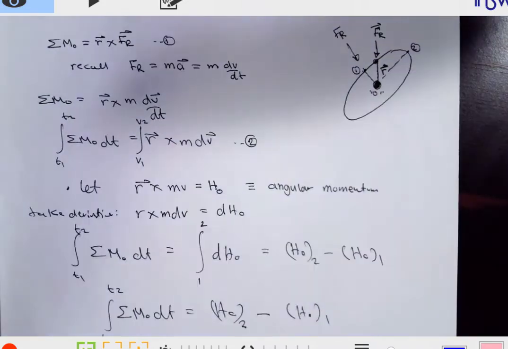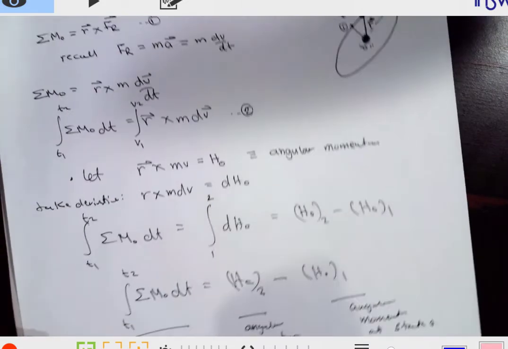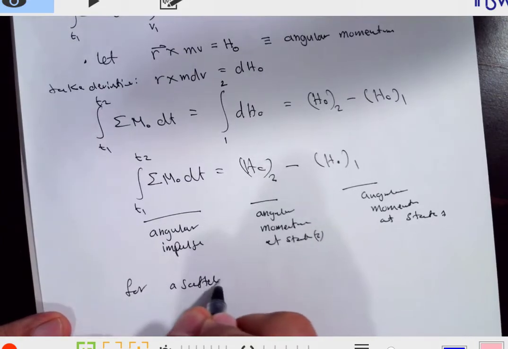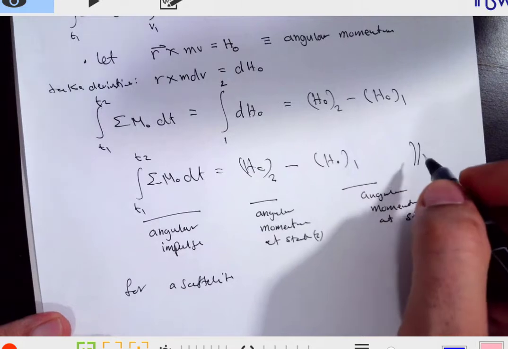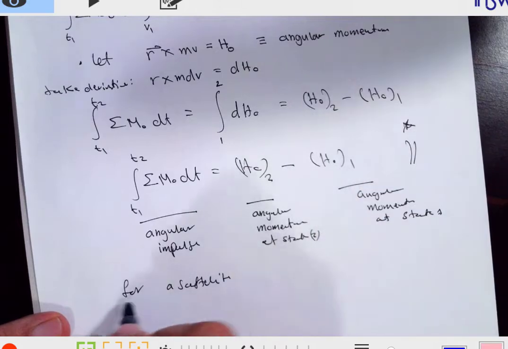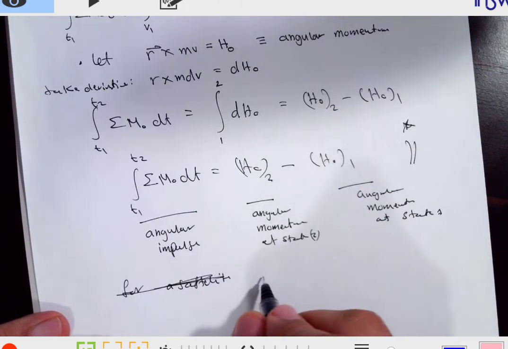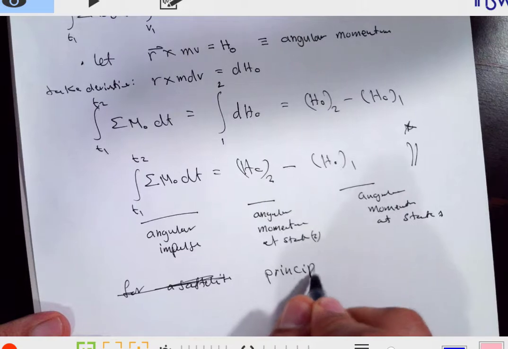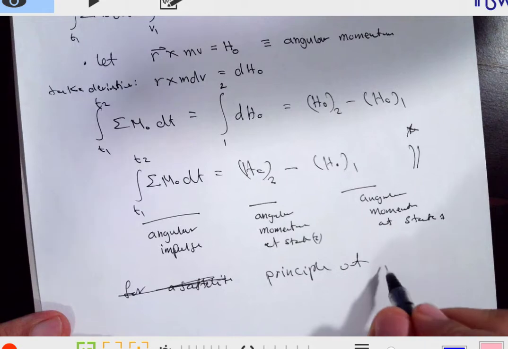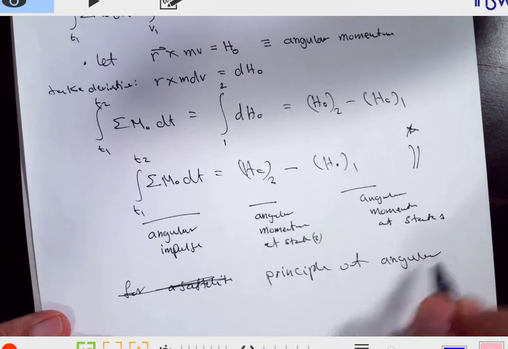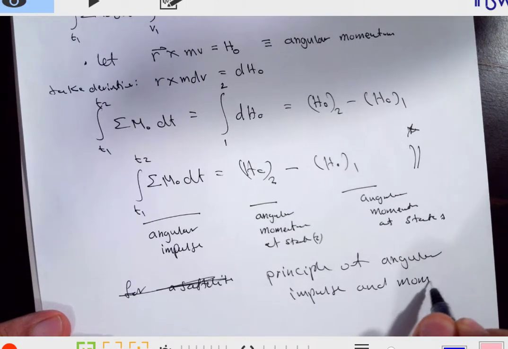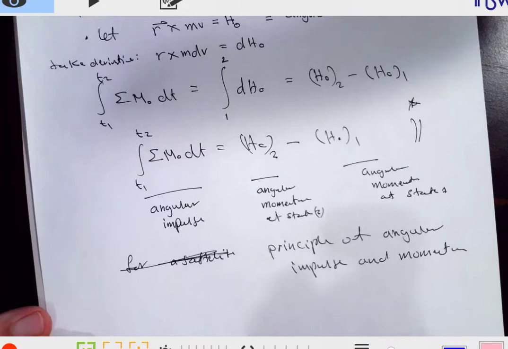So for this special case, for a satellite, just to be specific, this is, in fact, called the principle of angular impulse and momentum. Okay, so that's the principle.